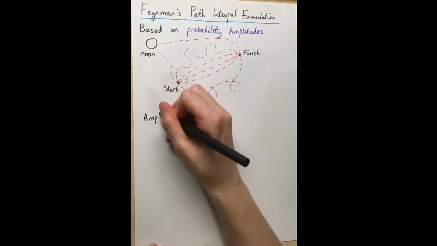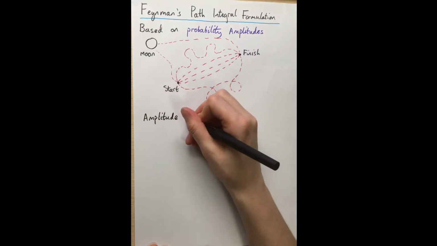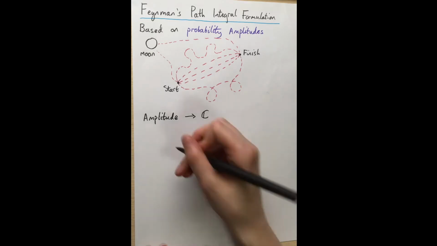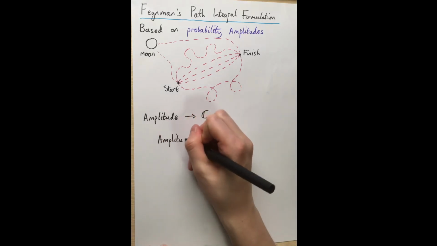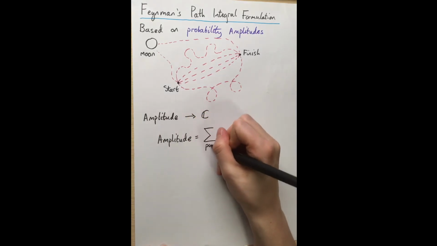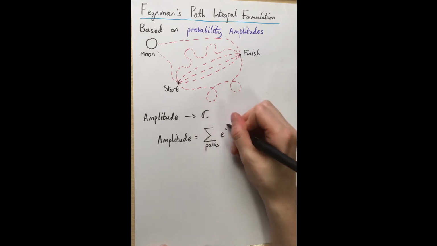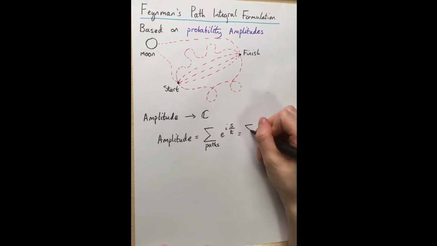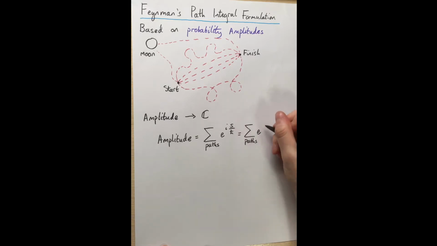The amplitude is a complex number, whose magnitude squared is the probability for a particle to be detected at that later position. The amplitude is given by the sum of the contributions from each possible path, and is written like so.